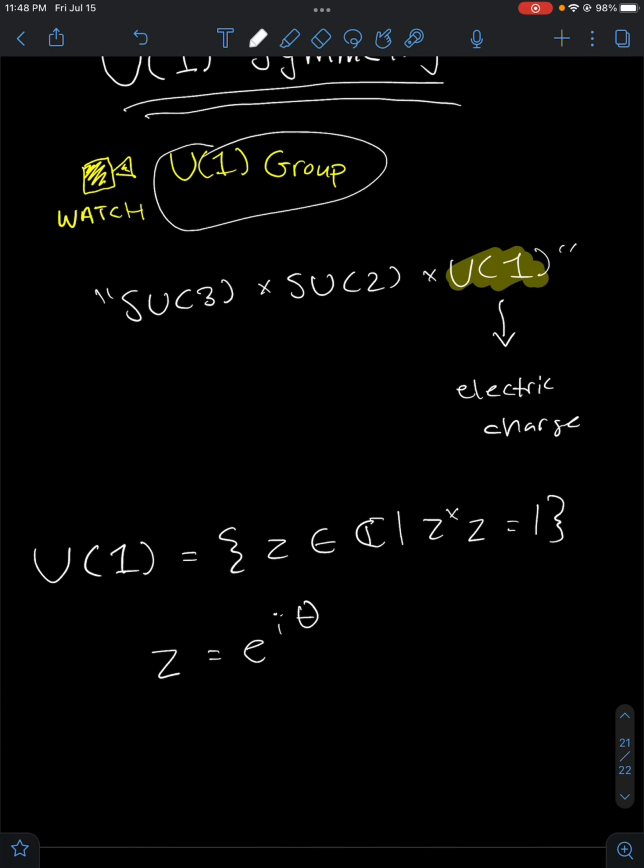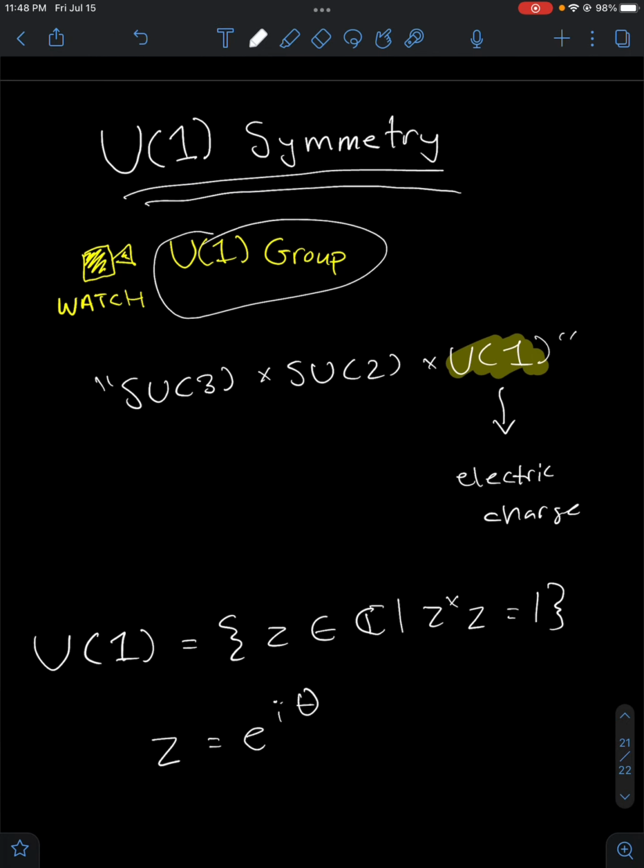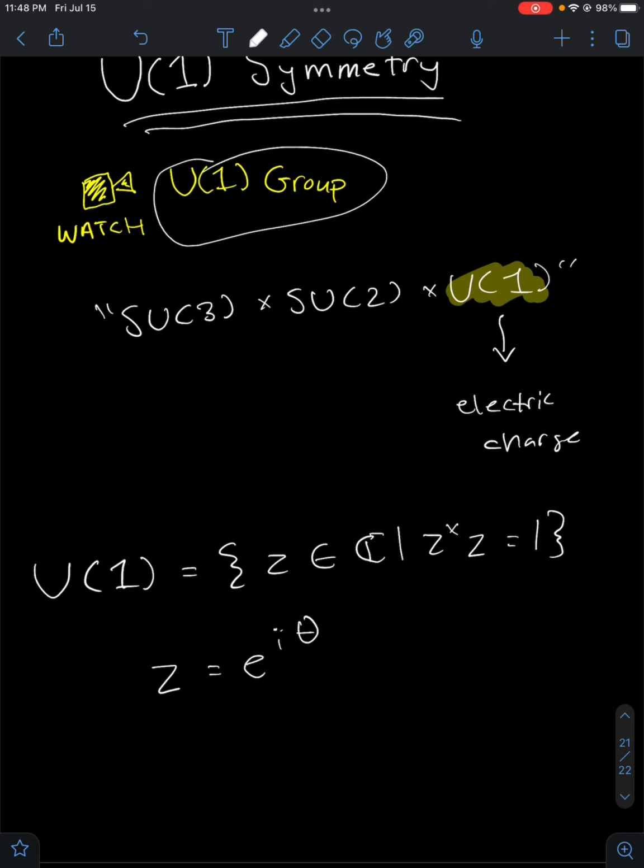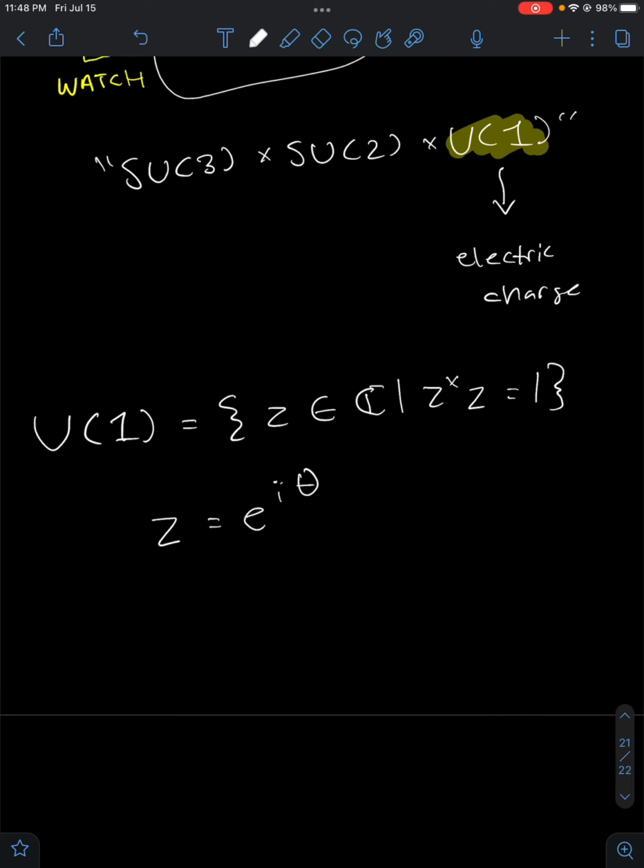So a U1 symmetry just means that the Lagrangian is invariant under a U1 internal field transformation. In our last video on gauge symmetries, we talked about transforming our fields themselves. So a U1 transformation would just mean that we transform our field phi to e to the i theta times phi.